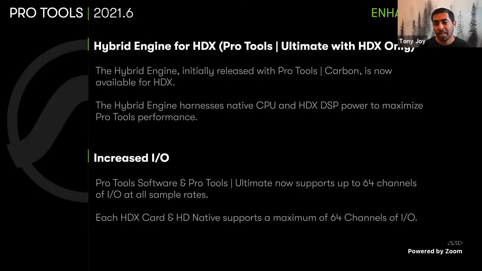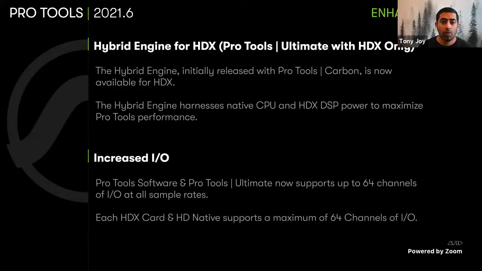Your engine power is not dedicated to just your CPU or the HDX. You're combining the best of both worlds to maximize the power that you have from both the HDX and your computer. So you can run huge sessions and optimize both your CPU's power and the HDX card chips to bring the best sounding mixes out.